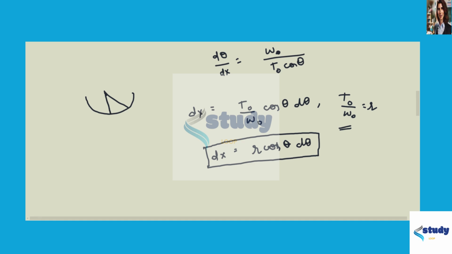If it subtends angle theta from the center, if this radius is r, then the rate of change of this x will depend on the change in theta in this way. And we can also prove that, see, if the rate of change of x with theta comes equal to r cos theta, then we can see that this x will change according to the cos of this angle.